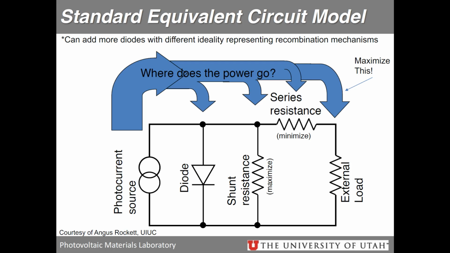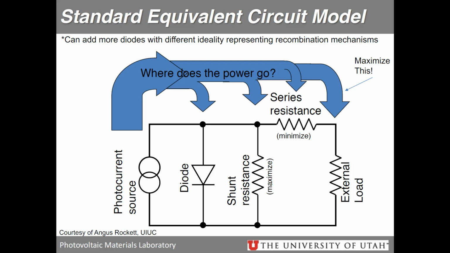And the next step is to visualize this effect in the form of a simple circuit that we can really make. Here your external load is the LED or the electric bulb. The sun is your photocurrent source.